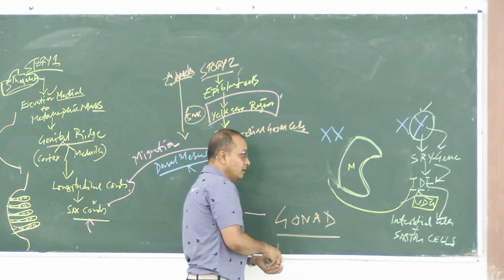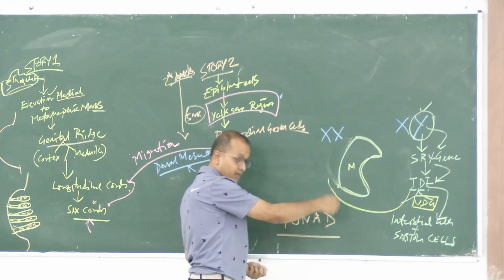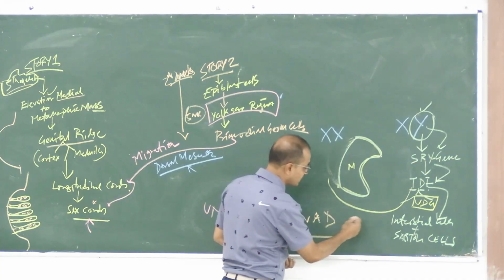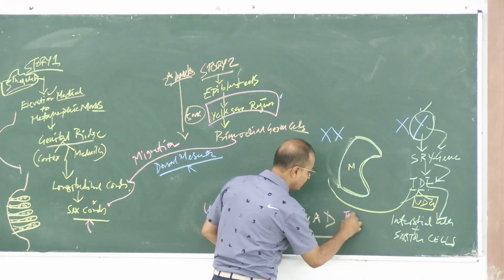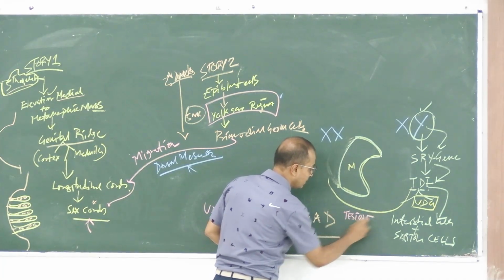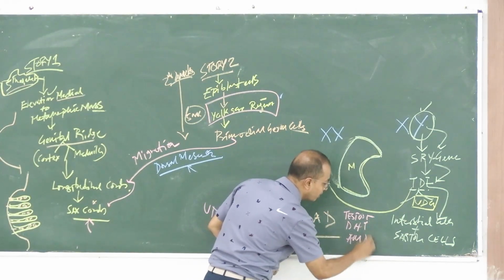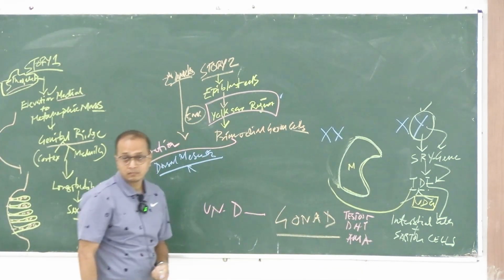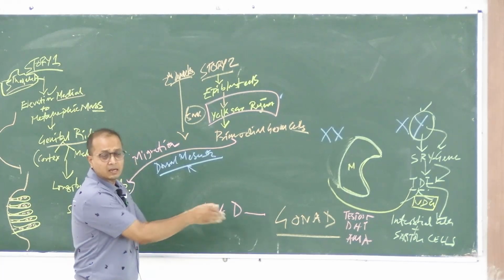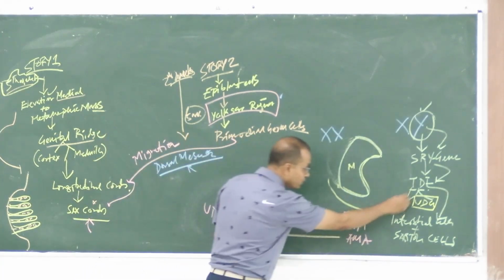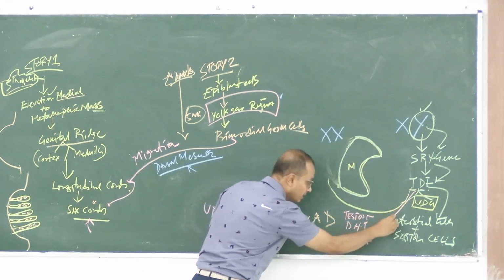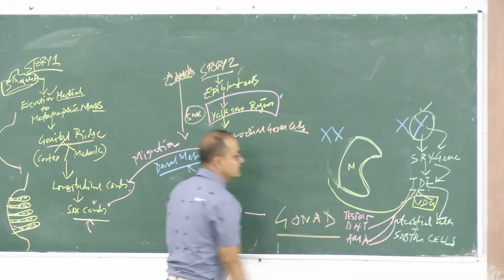Now, these Sertoli cells and interstitial cells produce some substances. We call them testosterone, dihydrotestosterone, and anti-Mullerian antigen. So these are further chemical substances produced through TDF by these interstitial cells.